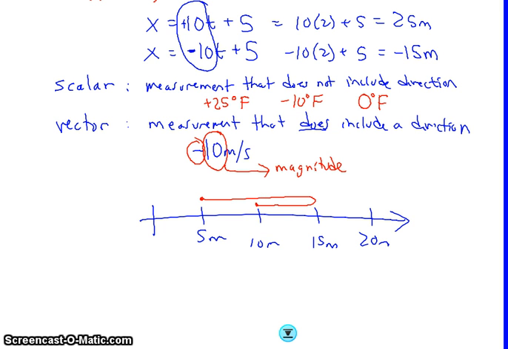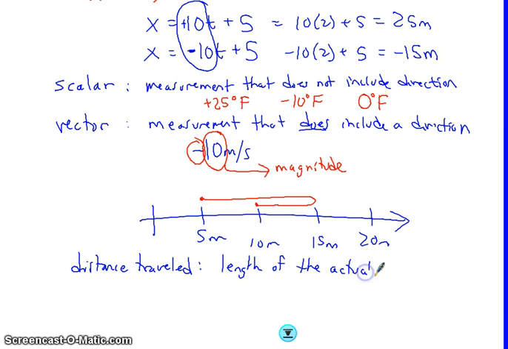So one answer would be the distance that they traveled. And that is the length of the actual pathway. Here, that would be they went from 5 to 15, so that's 10 right there. And then they went from 15 back to 10, so that's another 5.